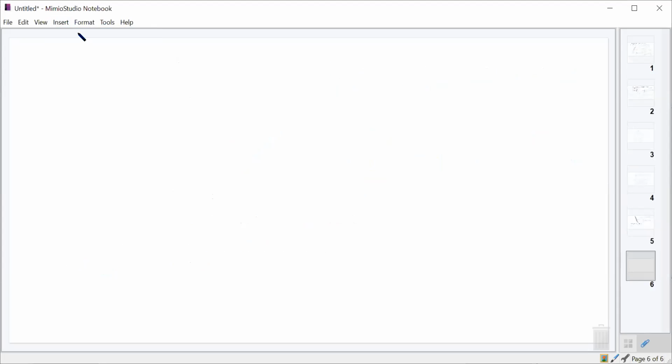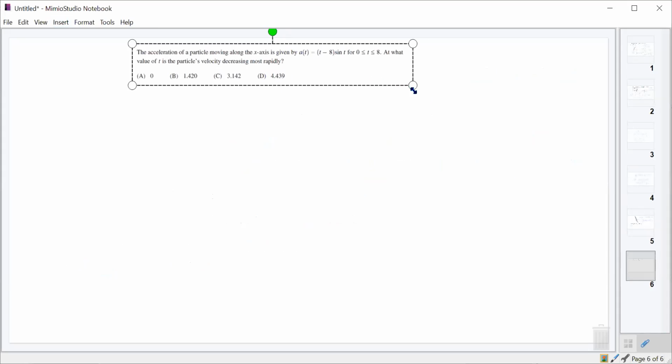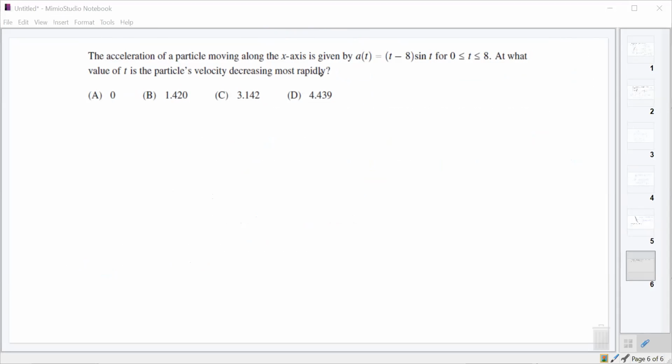All right, next one is 83. We're given an acceleration of a particle. We want to know at what value of t the particle's velocity is decreasing most rapidly.